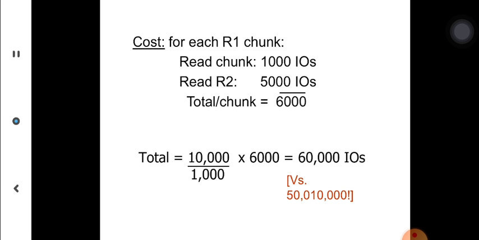The cost for each R1 chunk is reading the chunk, 1,000 IOs, plus R2, 5,000, total 6,000. So the total cost has now come down to 60,000 IOs. Compare 60,000 versus this. What a reduction.